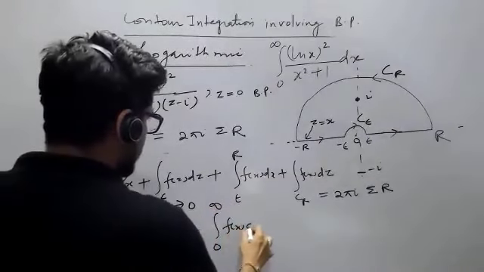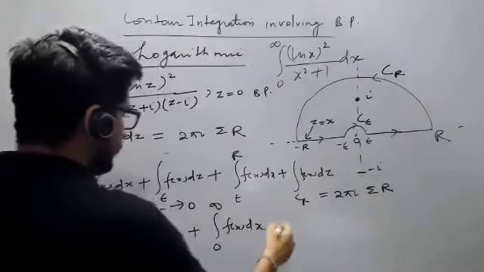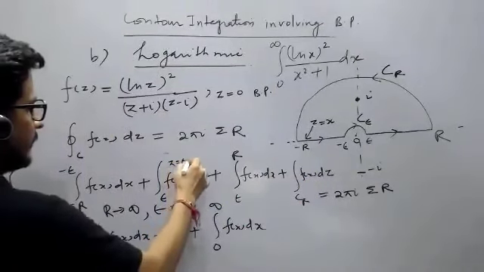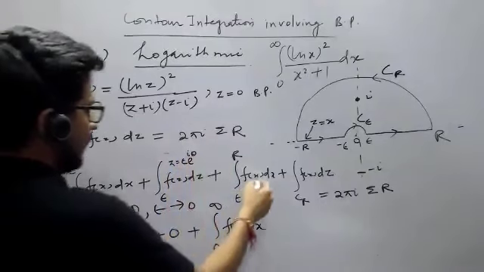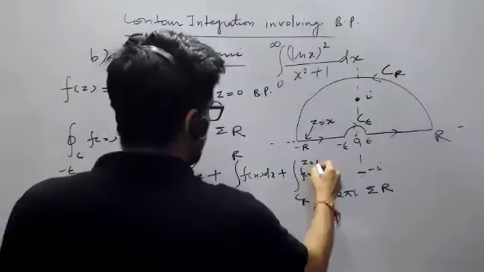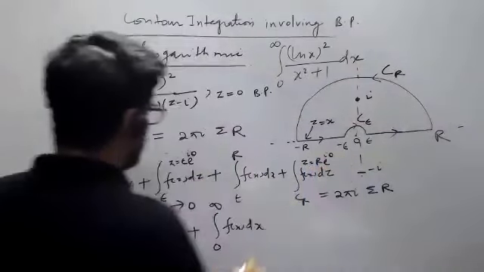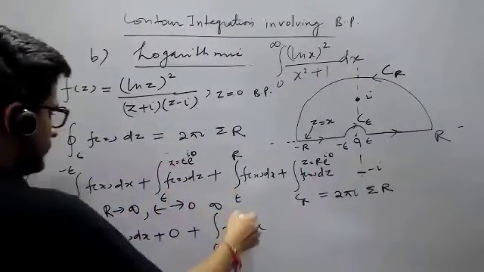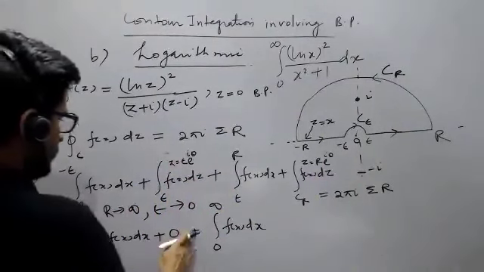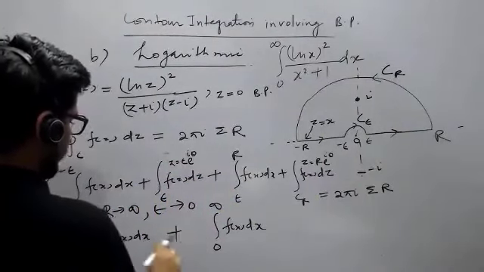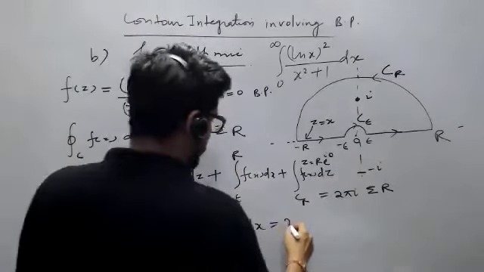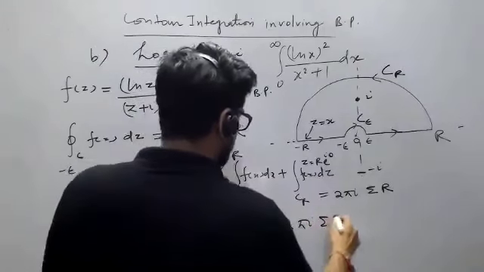What will be the equation here? Z is equal to epsilon e to the power I theta. And here? Z is equal to capital R e to the power I theta. So you can put the values and the limits and see for yourself that these terms will not exist under this limit. Only these two terms will exist, and they will be equal to 2 pi I sum of residues.